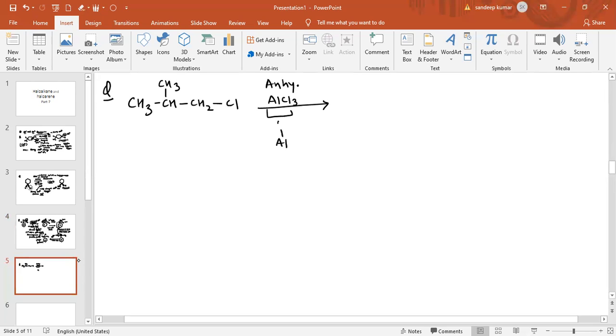You can easily see this is basically a Lewis acid, because only 6 electrons are there, so the octet of the central atom is incomplete. So this is also a Lewis acid, and we know Lewis acid favors the SN1 reaction.